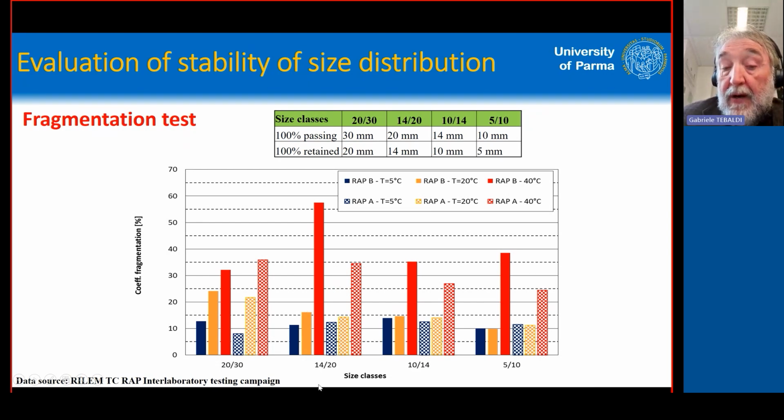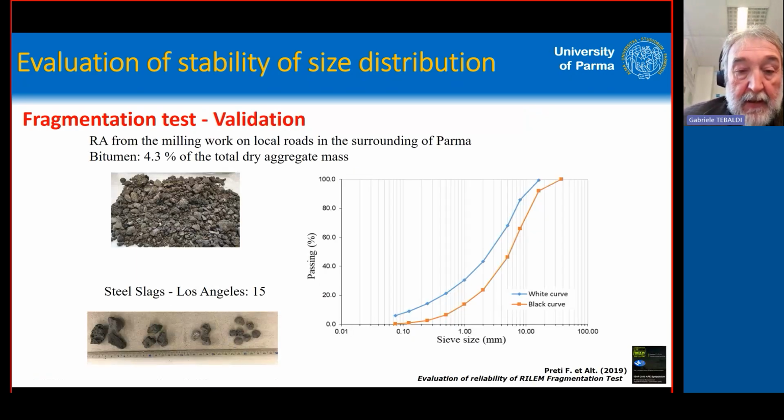It means that probably in this case we have a very stiff RAP with a very stiff bitumen that allows differences only at the high temperature.